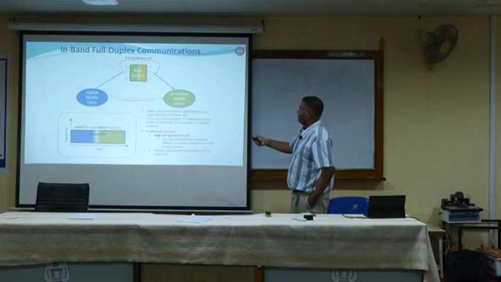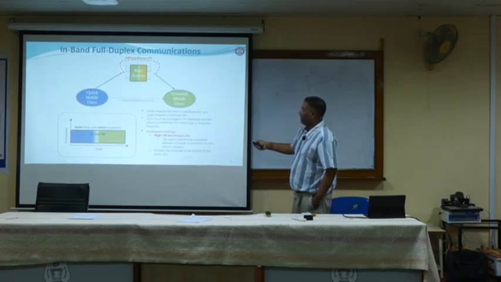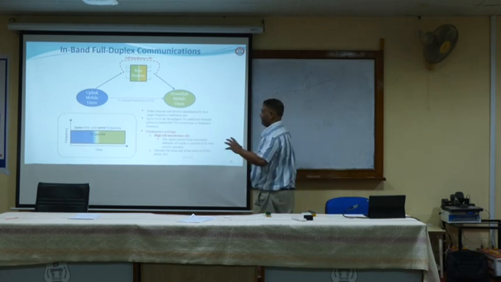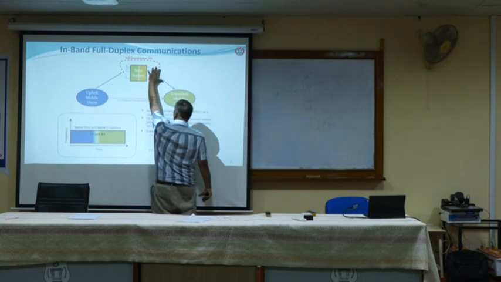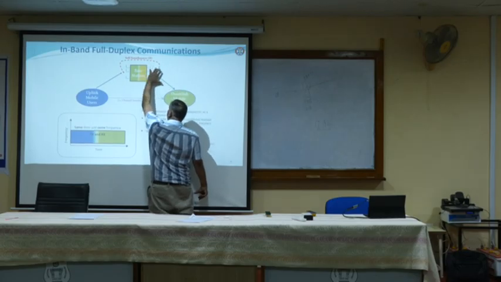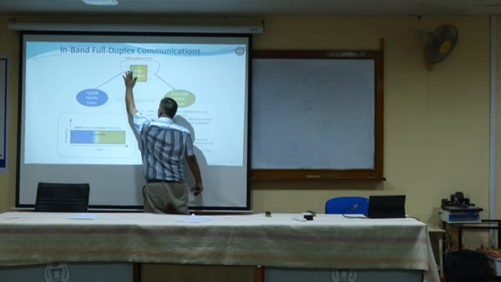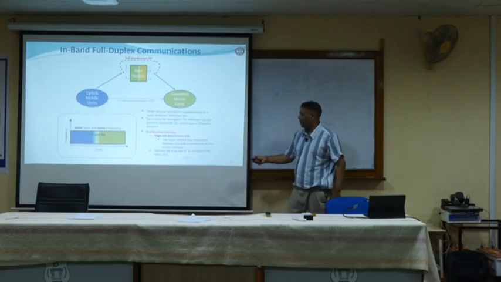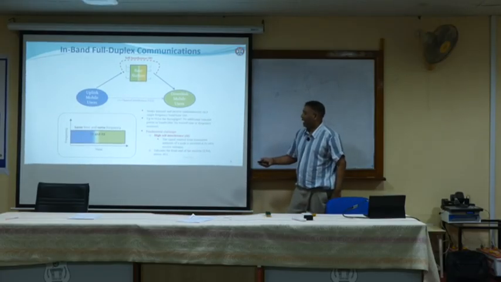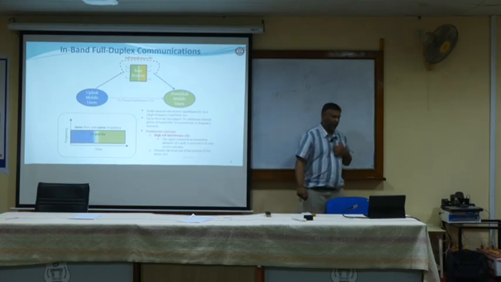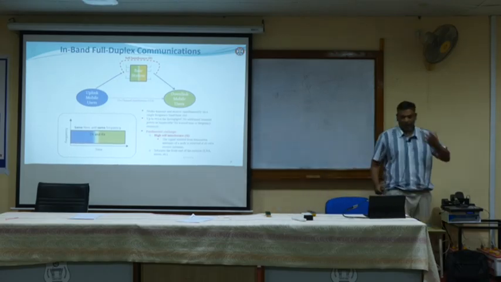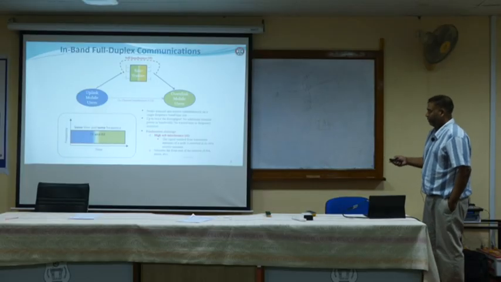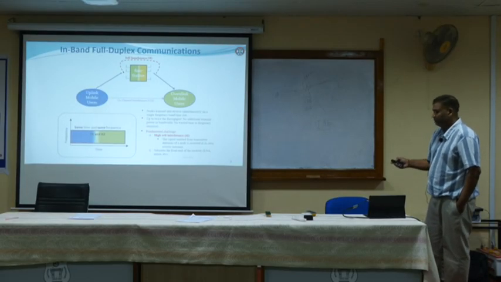I know what is transmitted, and if I subtract it from the received signal, the self-interference is cancelled. But it is not that easy, because the large power that you are transmitting will saturate your receiver, the front end of the receiver, and the simple subtraction concept cannot be applied here. That's what I'm going to show you.